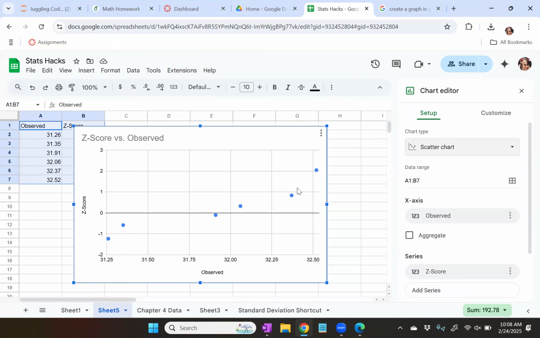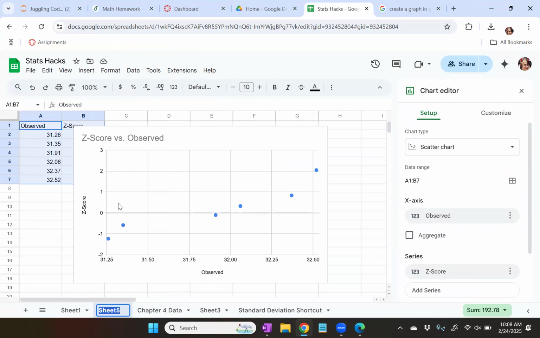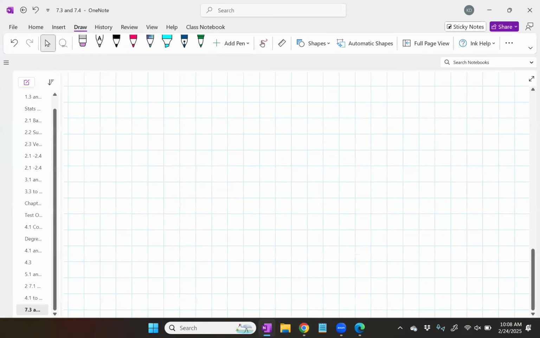Okay. The last part of, let me actually label this 7.3 data. All right, our last piece of 7 is our normal approximation to a binomial probability distribution.